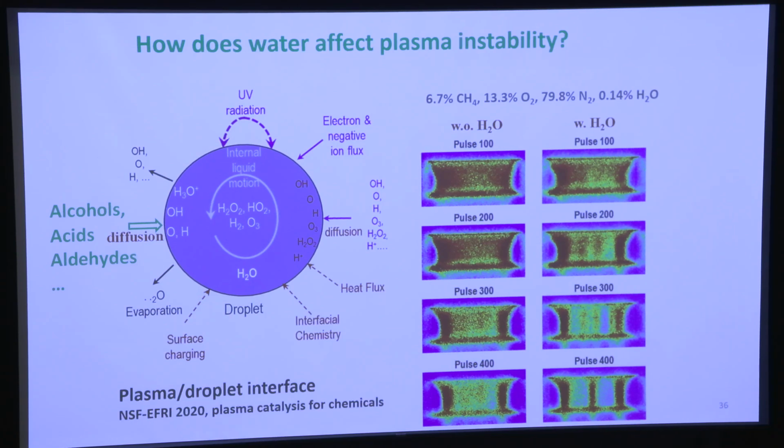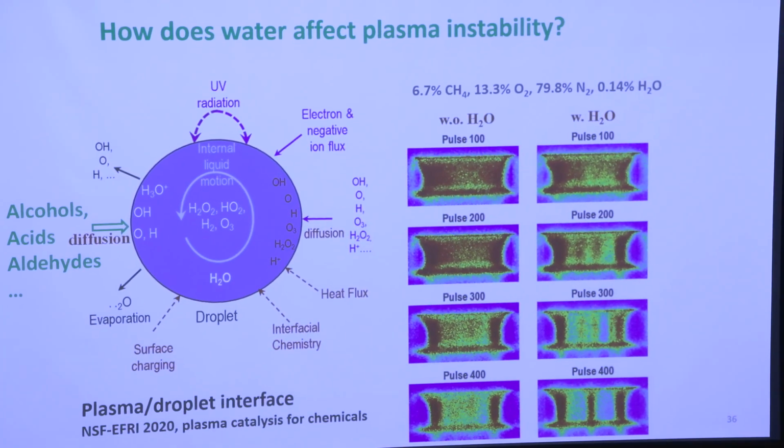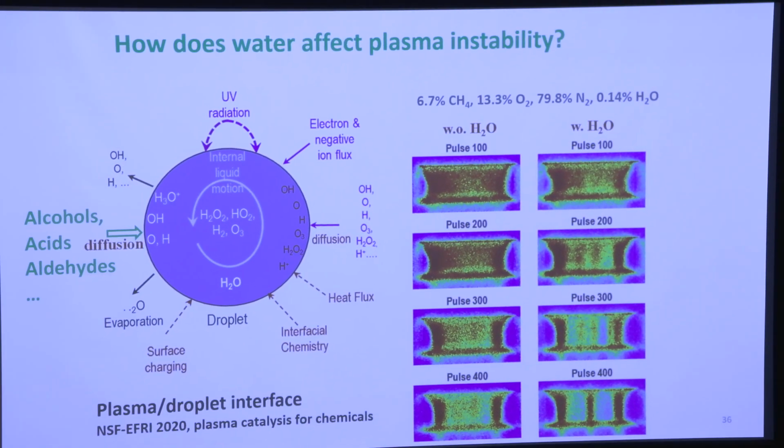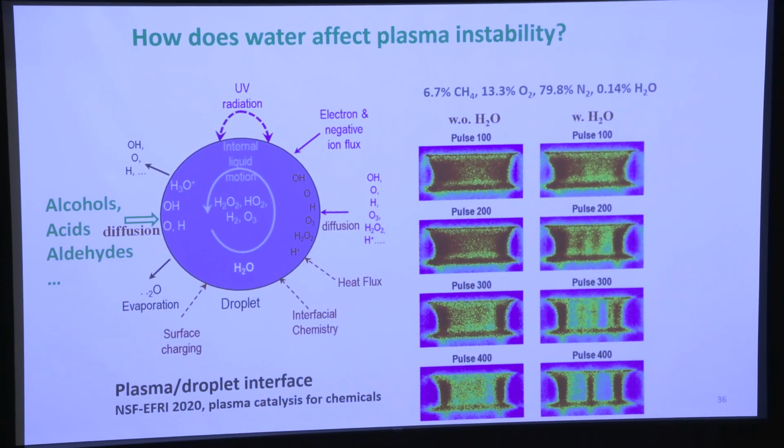That opened a new research area in terms of material synthesis, how dust in the plasma is going to affect it, and if you want to make carbon using plasma discharge of biomass, how those particles are going to affect the plasma instability and change the plasma properties. So I think this opens a lot of interesting questions to address.